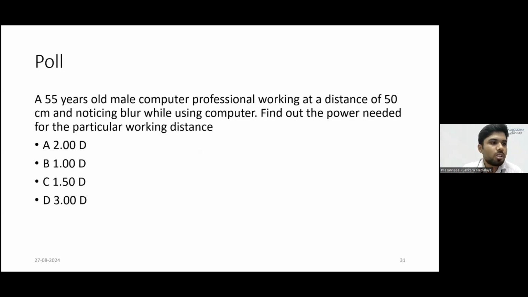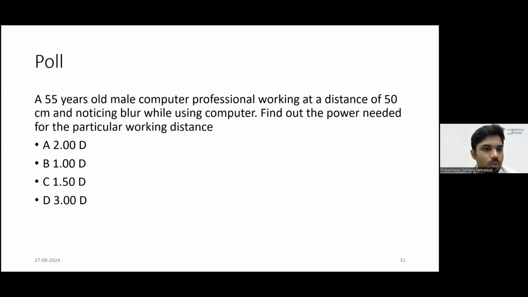So let's go for the poll. A 58 year old male computer professional working at a distance of 50 centimeters and noticing blur while using the computer. So let's find out the power needed for that particular working distance. I think the poll would have started by now. So try to answer the question.